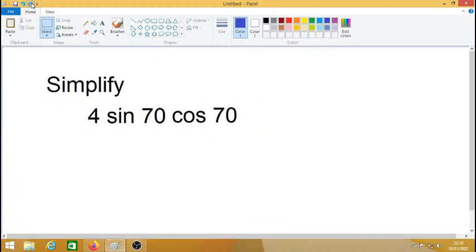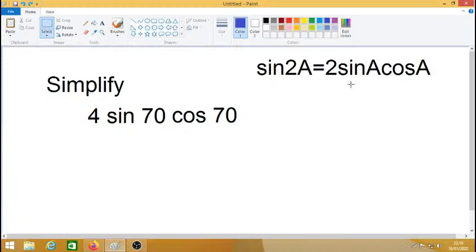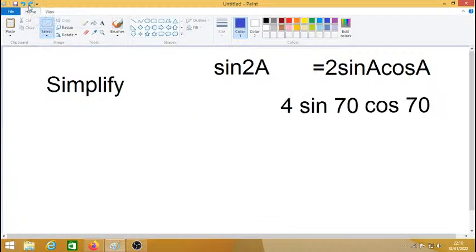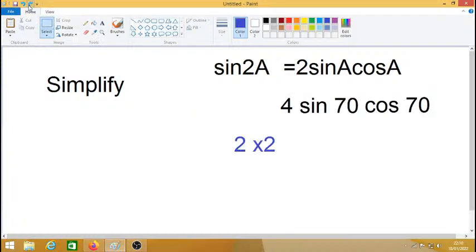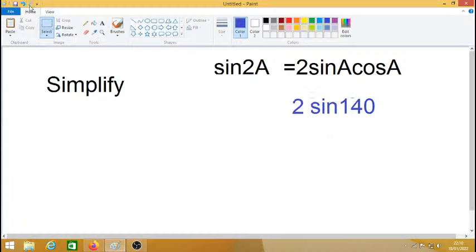From here, you recognize it's similar to the 2 sine a cos a formula: sine 2a is equal to 2 sine a cos a. Think about the 70 as the a, so that means on the left-hand side you'll have a sine of 140, but that'll only work if you get it exactly as the 2 sine a. Here we've got 4 sine, so we want to swap the 4 with the 2 times 2. That way we can treat the 2 sine 70 cos 70 as the sine 140 bit. And then that's your final answer.